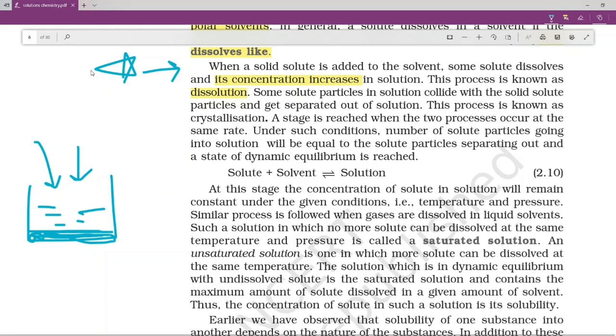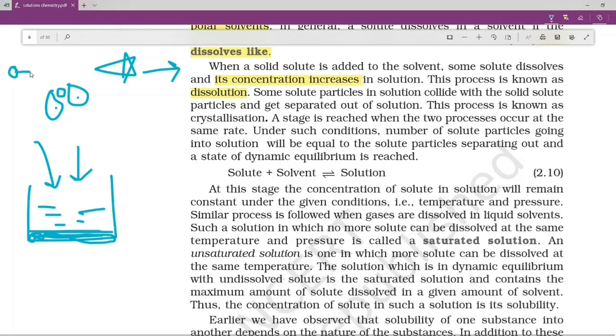Suppose these are your two solvent molecules and this is your solute which was already there. Now you have just put another solute. This is that solute particle which you have just inserted.